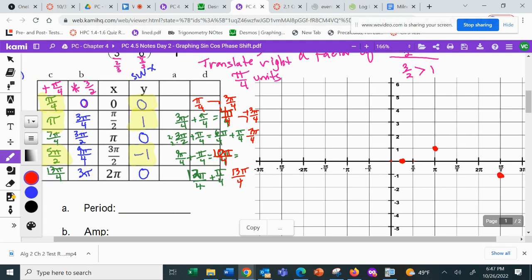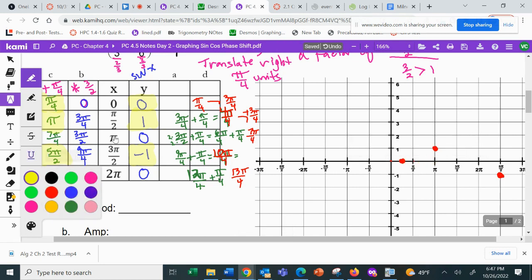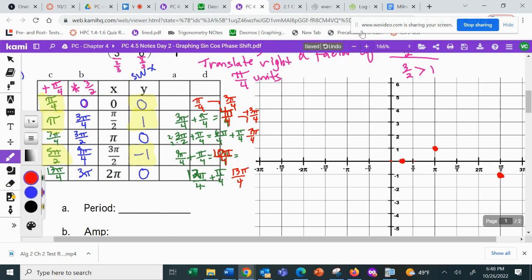And then 13 pi over 4, I don't know where that is either. But what I do know is that these are evenly spaced. So if I look horizontally from this dot to the next dot, they are 1.5 blocks apart. So that means my next point is going to be 1.5 blocks from the previous point, and the y value is 0.